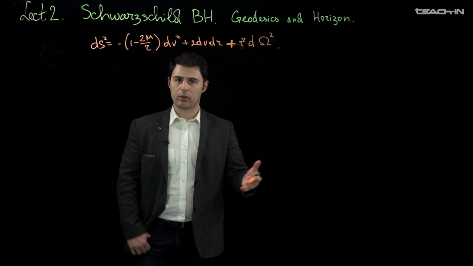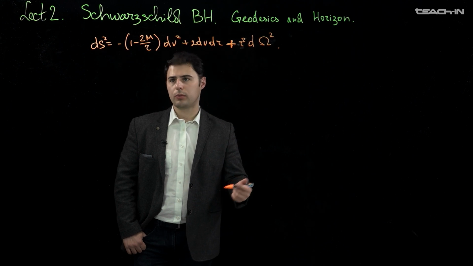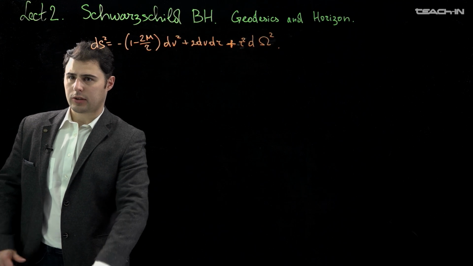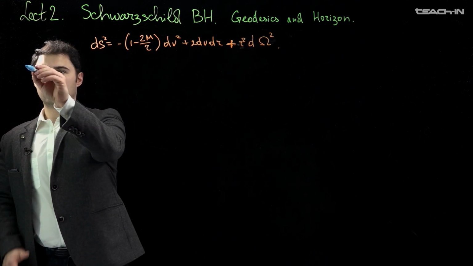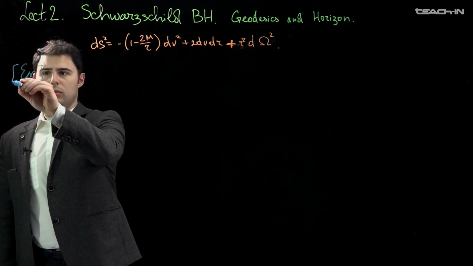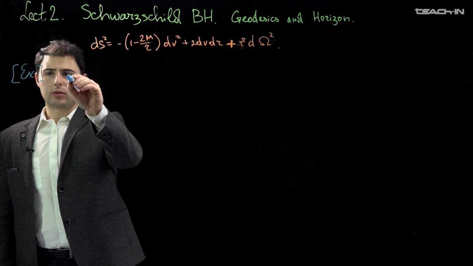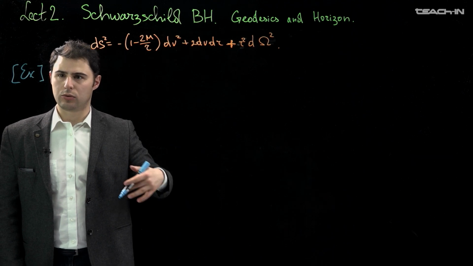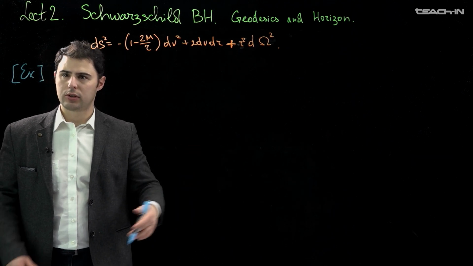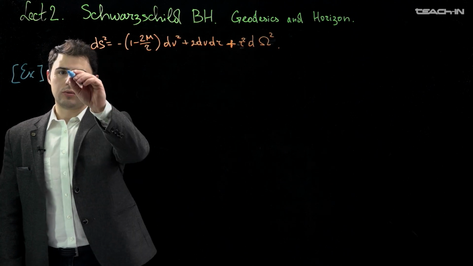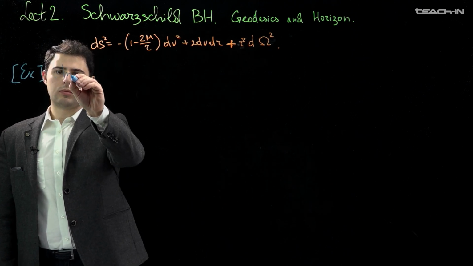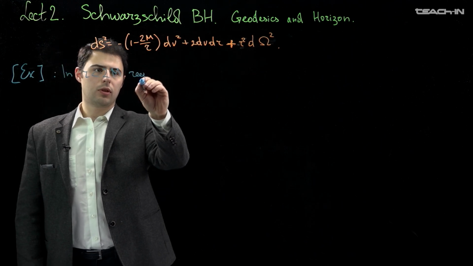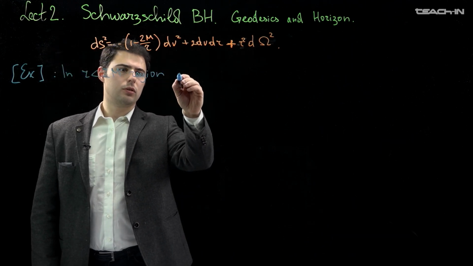How does this metric agree with the Birkhoff theorem in the interior of the solution? It's actually a good exercise to go from Eddington Finkelstein to standard Schwarzschild coordinates in the interior region, in the r less than 2m region.